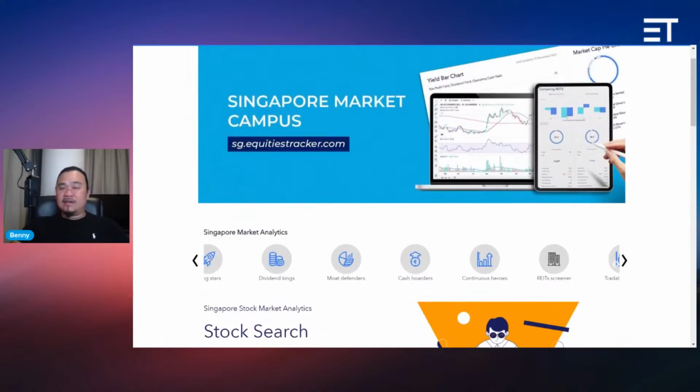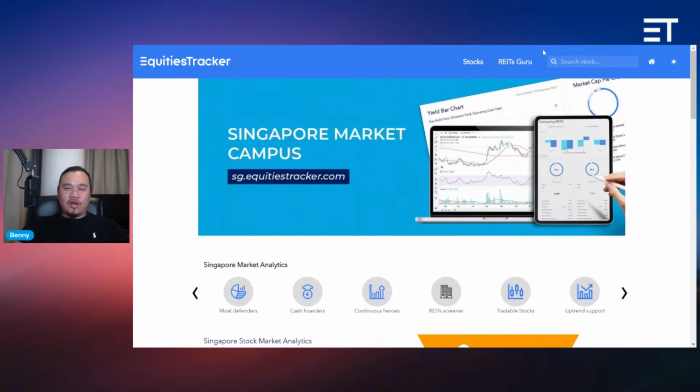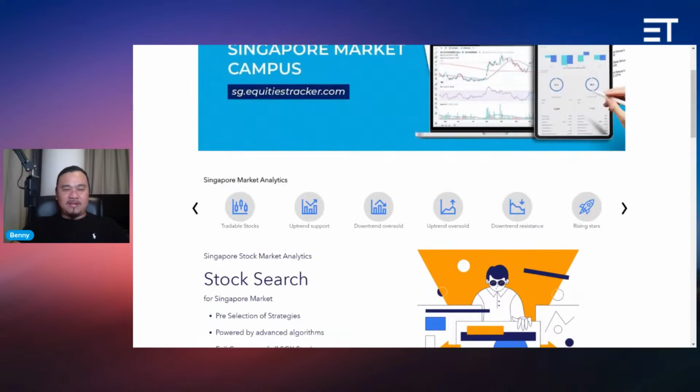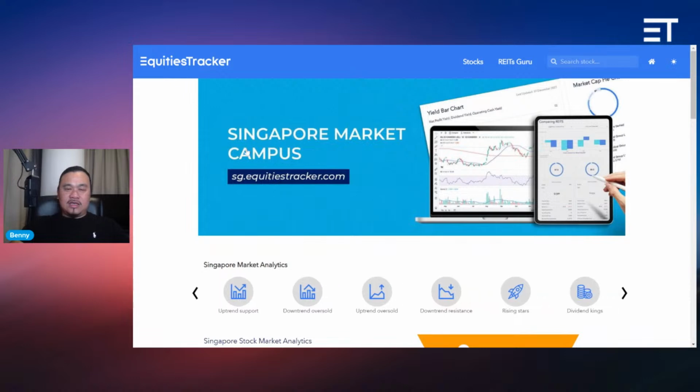It's supposed to be self-serve. So right now there's no registration or whatsoever. You just have to go in and click your way and look for investing and trading opportunities for the Singapore market. There's also a Singapore Market Campus Facebook group, where if you want more information about the Singapore market, or want to communicate with those who are interested in the Singapore market, you can always go to the Singapore Market Campus.